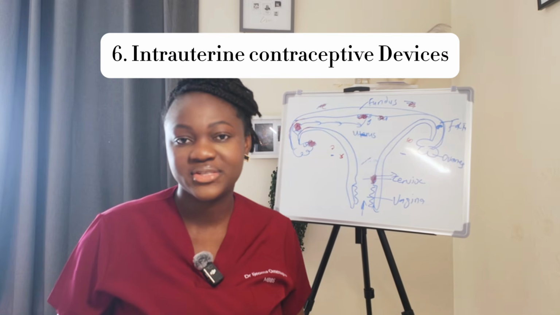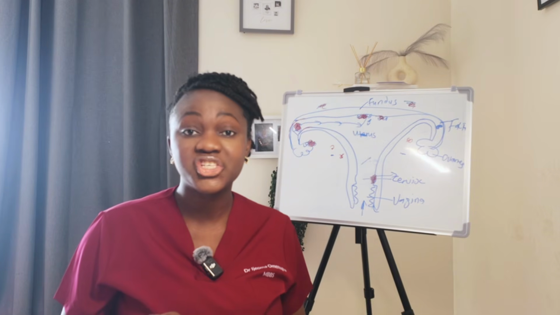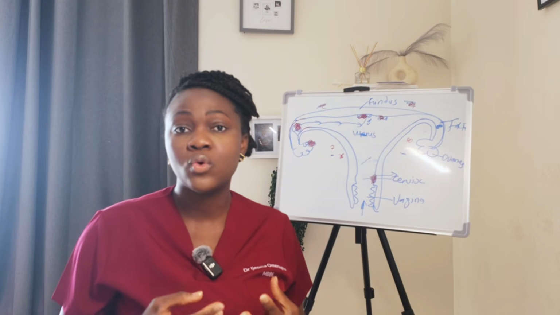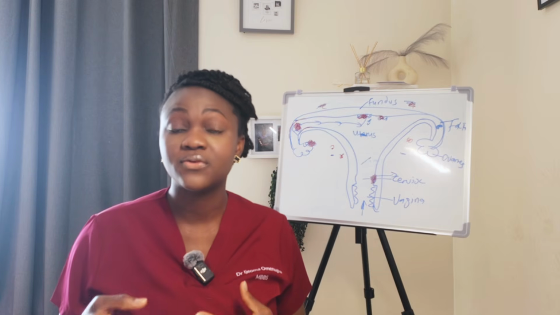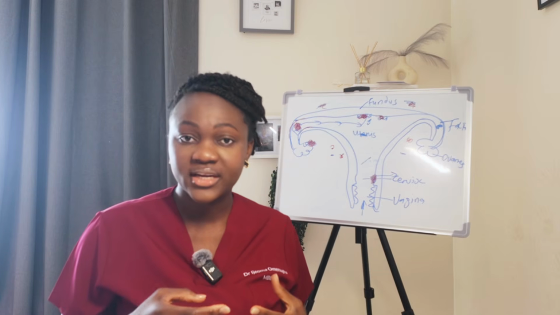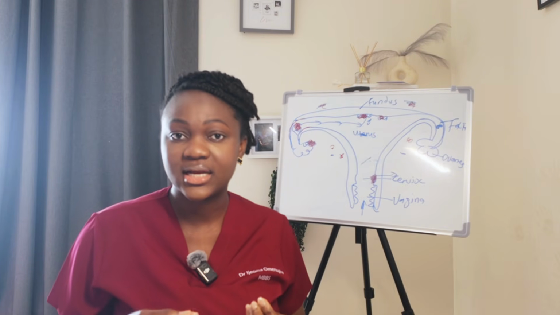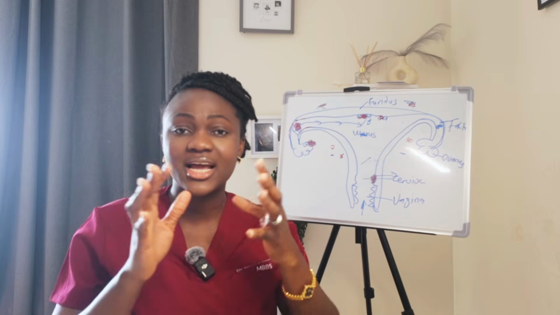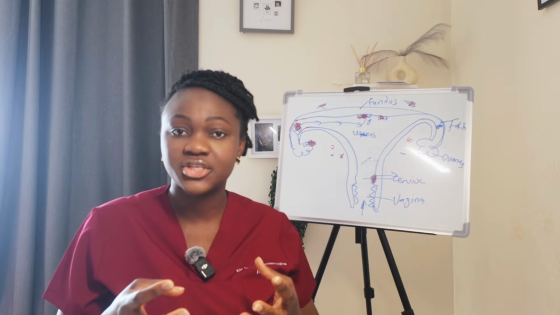Use of intrauterine devices. This is a form of contraception which is very effective. But if a woman is using an intrauterine device as contraception and she eventually gets pregnant, there is also a chance that an ectopic pregnancy can happen, because the intrauterine device is placed within the uterus and helps to release substances that will prevent fertilization from occurring.